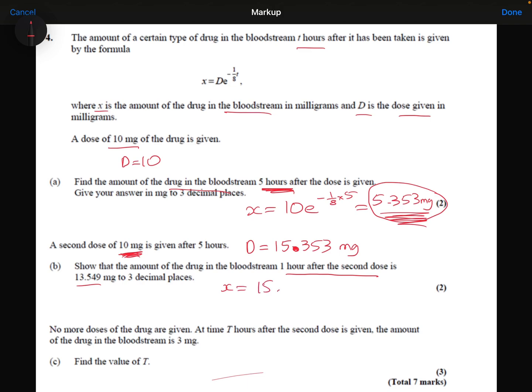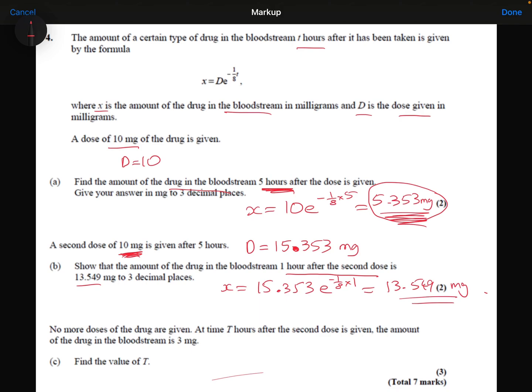So x equals 15.353 e to the minus 1/8 times 1, because it's 1 hour after the second dose, which is 13.549 milligrams, which is what we needed to show.